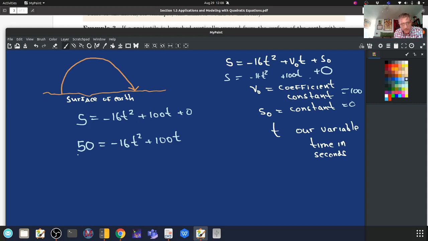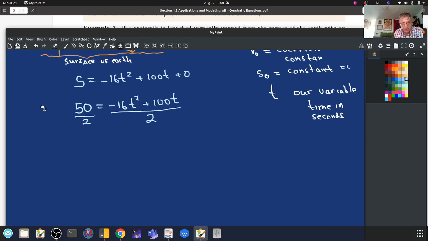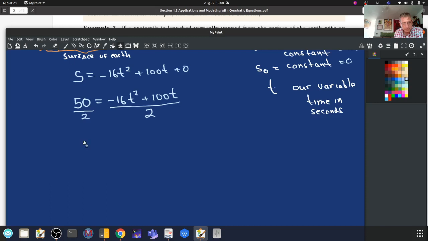So let's divide both sides by 2. So now I'm just doing algebra to make the solution easier. That's going to give me a slightly simpler 25, and minus 16 divided by 2 is minus 8, and 100 divided by 2 is 50t.